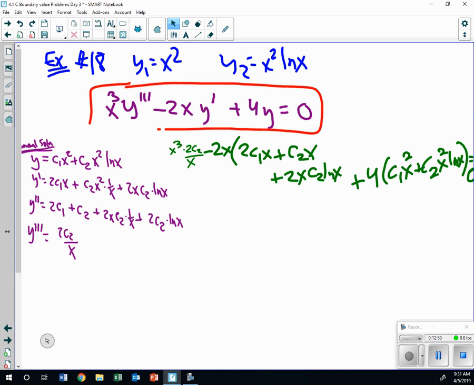All right, so then I'm going to rearrange this, and I'm going to get x cubed over x is 2c2x squared minus 2x times 2 is minus 4.